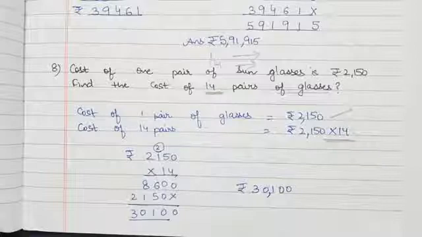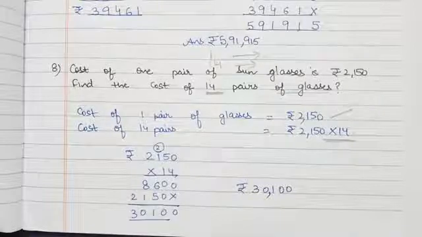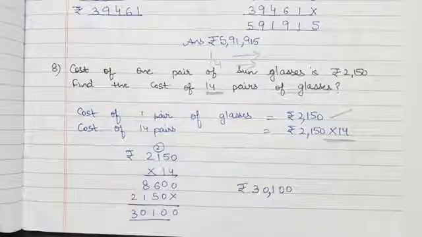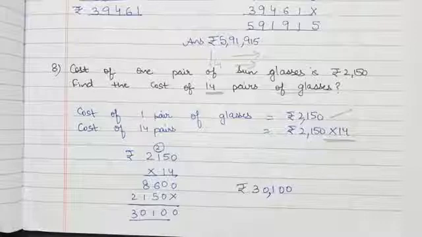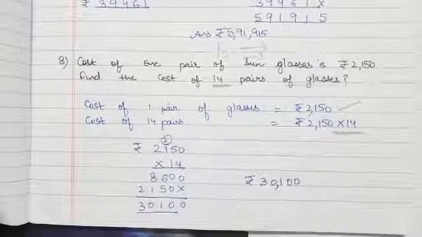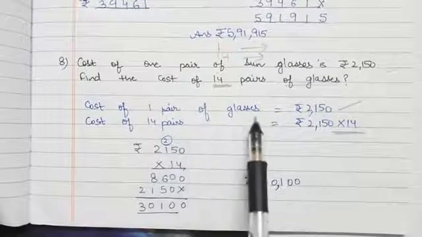Means for more you have to find out. And whenever for one it is given to you and for more you have to find out, we always do the multiplication. Clear? Fine.